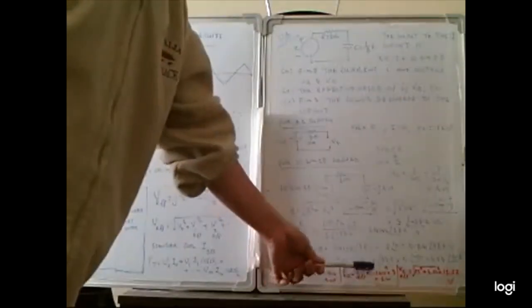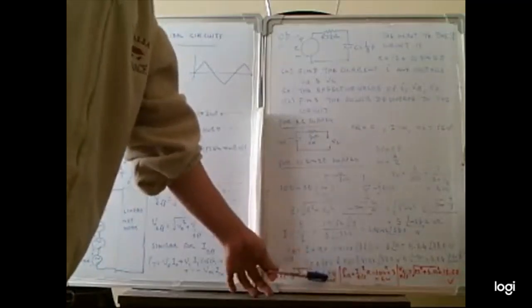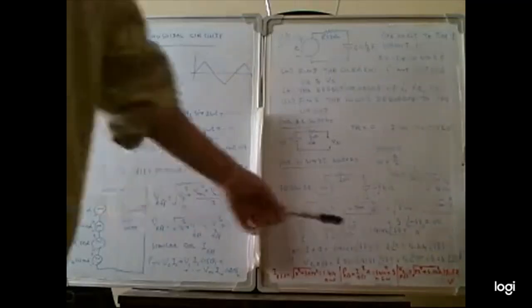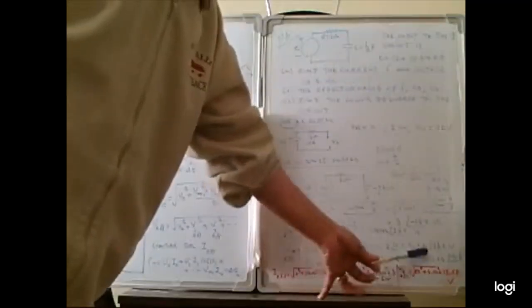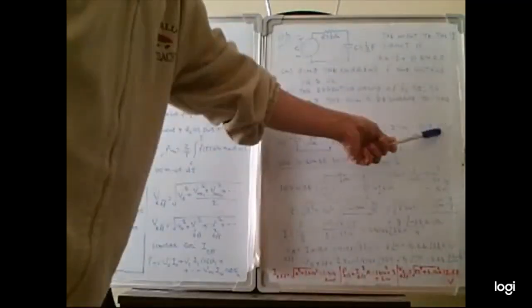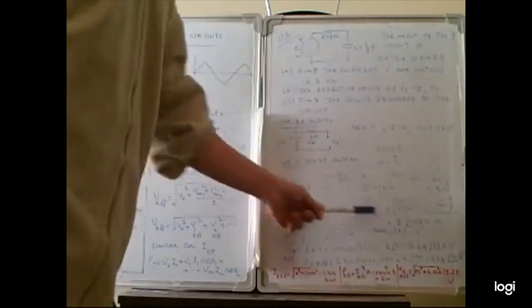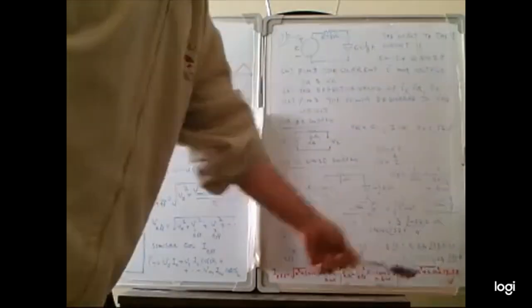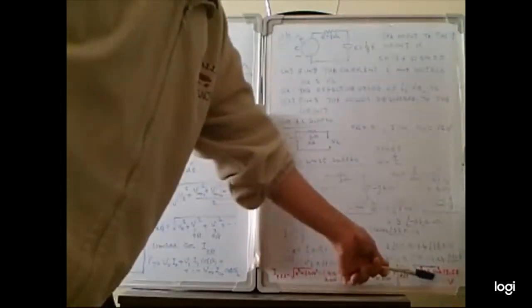So you get 1.414 amperes. Effective power is the effective current squared multiplied by the resistance. The current is 1.414 squared, times 3, so you get 6 watts. For the effective capacitor voltage, take the square root of the DC voltage squared plus the AC voltage squared. The DC voltage is 12 and the AC voltage across the capacitor is 5.66. The square root of 12 squared plus 5.66 squared gives 13.27 volts.